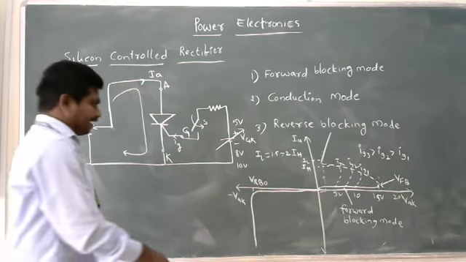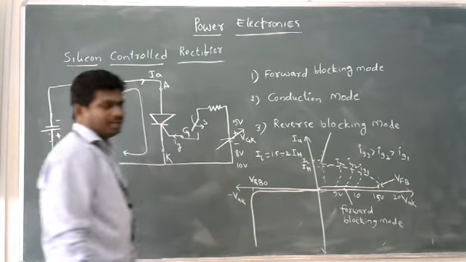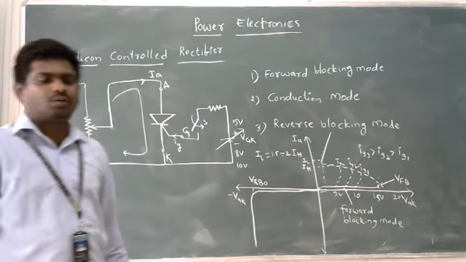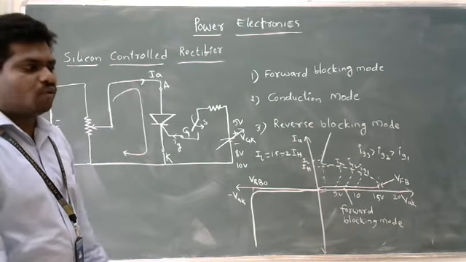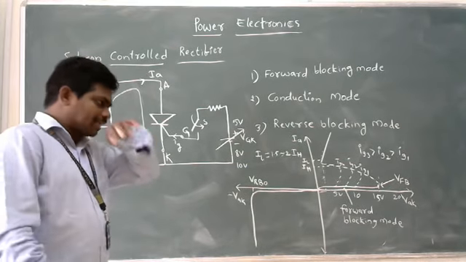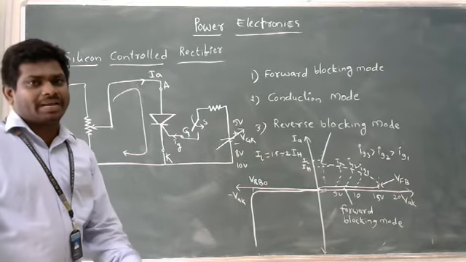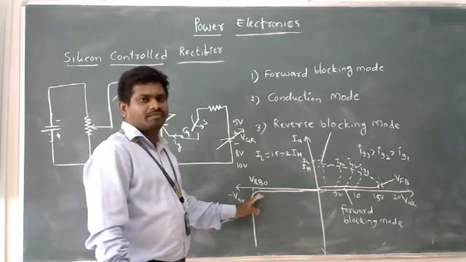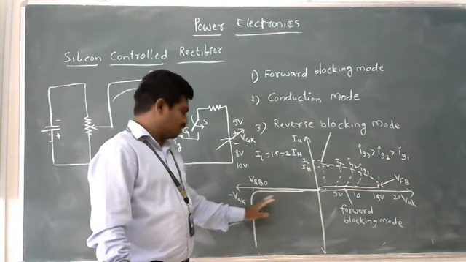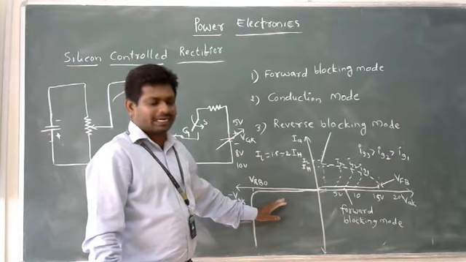But at this voltage there exists a heat effect for the device, what we call thermal runaway. Due to that thermal runaway, the entire device collapses and is damaged. So do not apply reverse voltage this high across the device. It is just a critical value, and we do not apply this voltage practically.